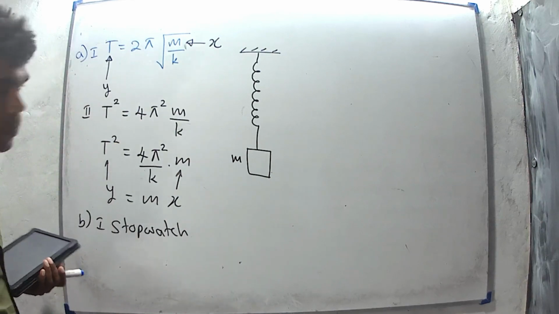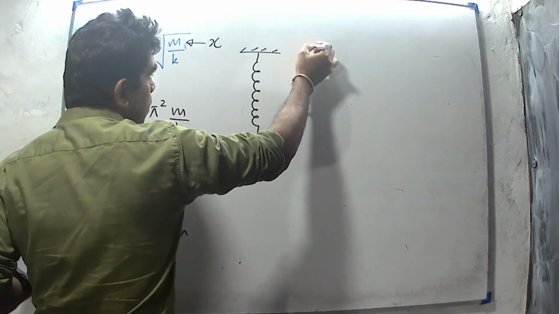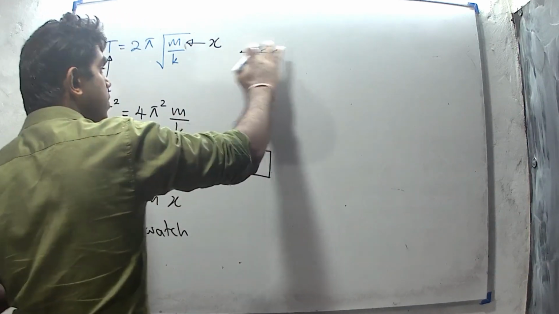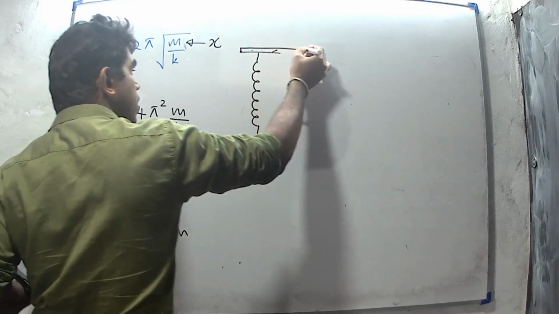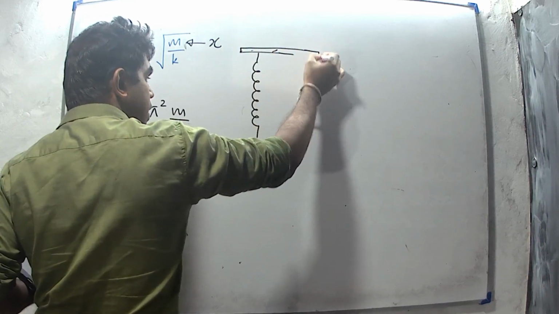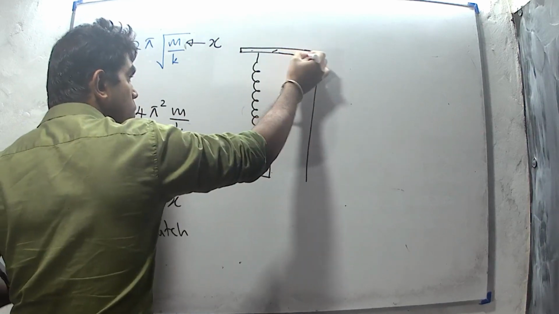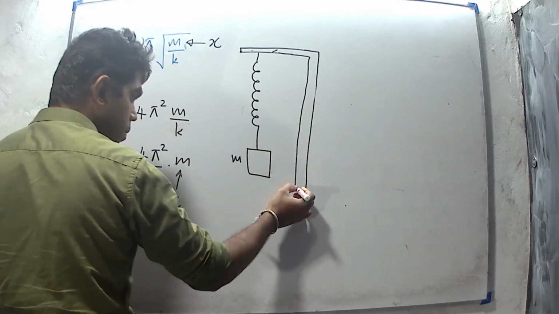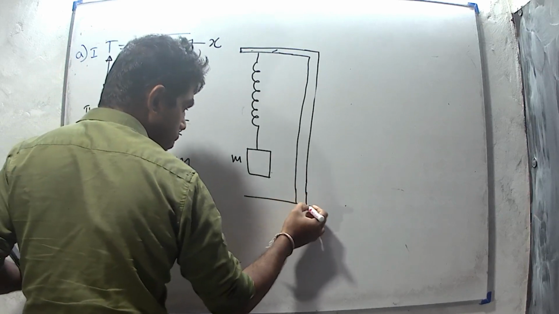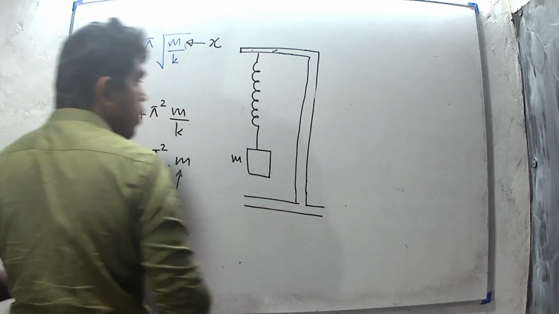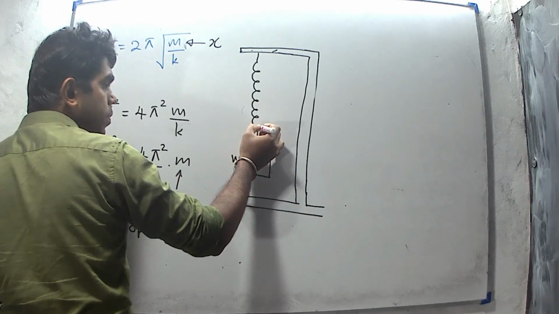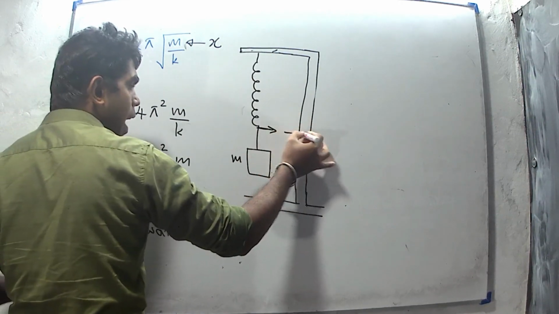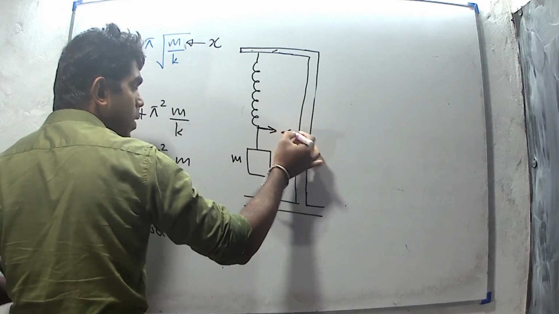And we have to draw the pointer. Now in the given diagram, there is a stand like this. We have to draw a pointer at this place, the end of the spring, and we have to mark another pointer from the stand.